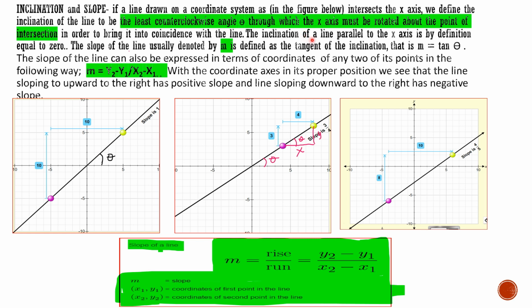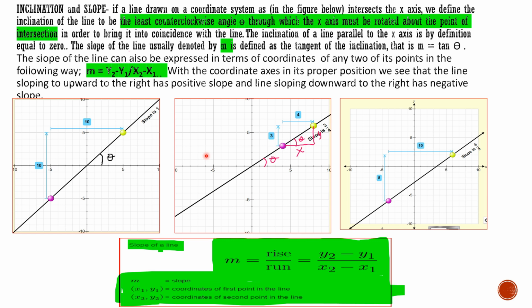The inclination of a line parallel to the x-axis is by definition equal to 0. The slope of the line, usually denoted by m, is defined as the tangent of the inclination, that is, m is equal to tangent of theta.